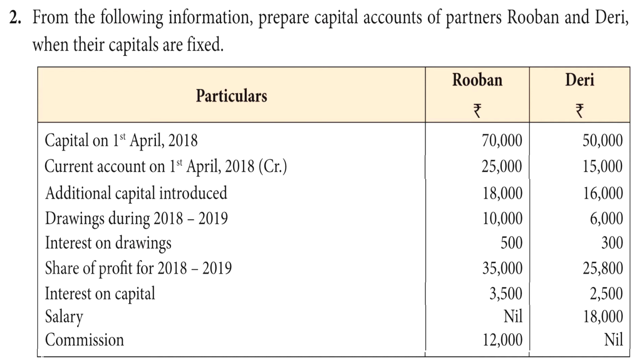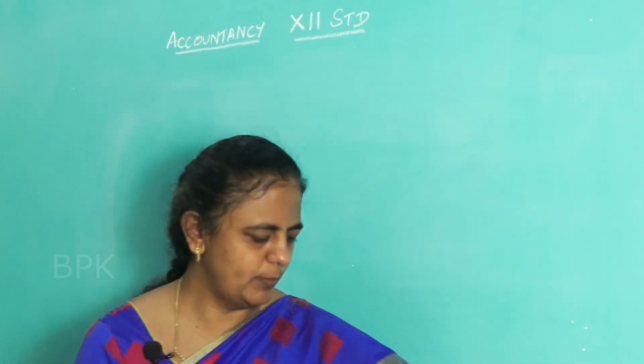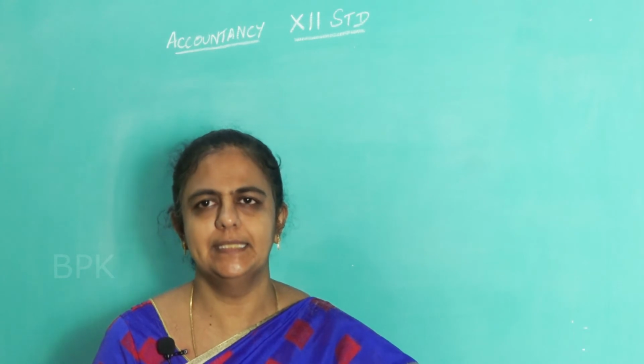Share of profit, 35,000, 25,800. Interest on capital, 3,500, 2,500. Salary, 18,000. Commission, only for the first partner it is given, that is 12,000, and for the second partner it is nil. So you are asked to prepare capital account of the partners Reuben and Derry.